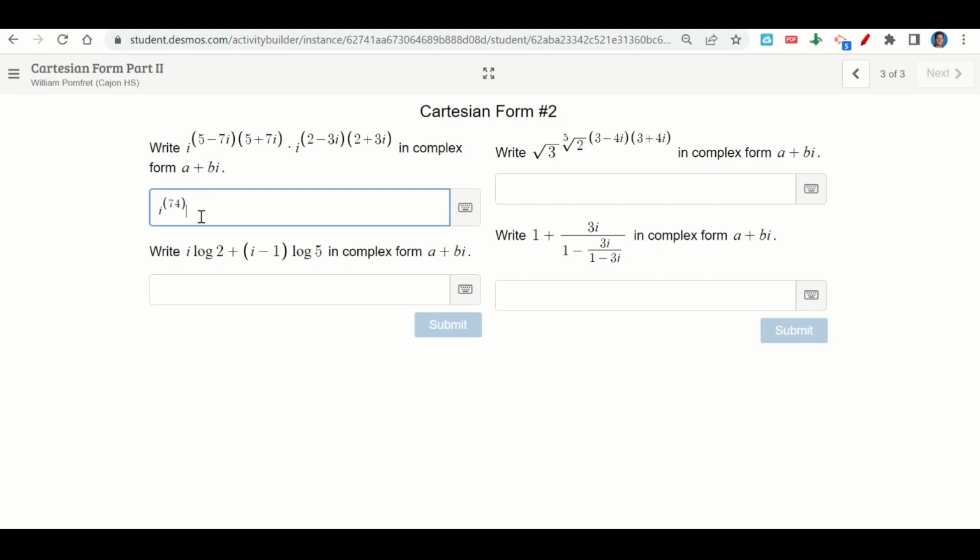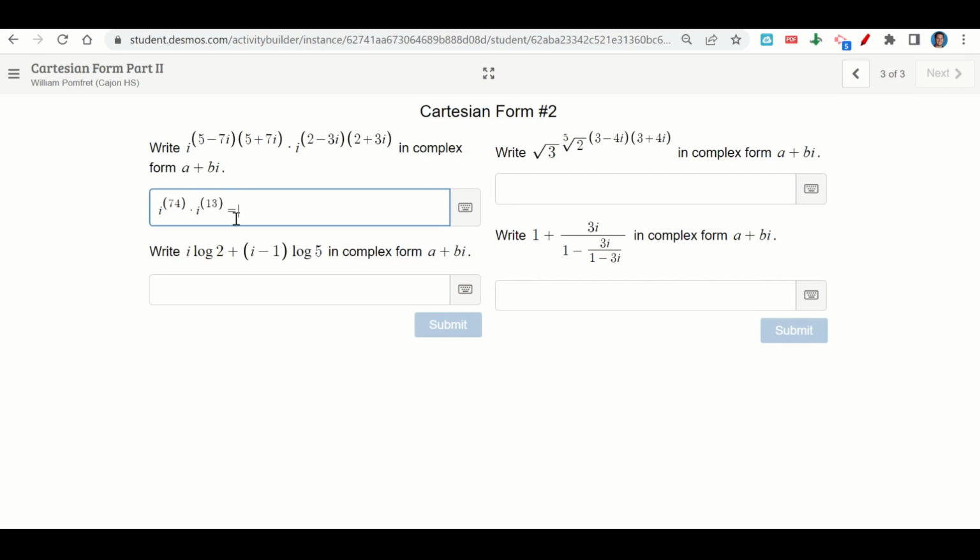And then we're going to multiply that by this one, which is i to the... And again, difference of squares, so 2 squared is 4. And minus 3i squared, which is positive 9. So now when we combine those, we get 13.